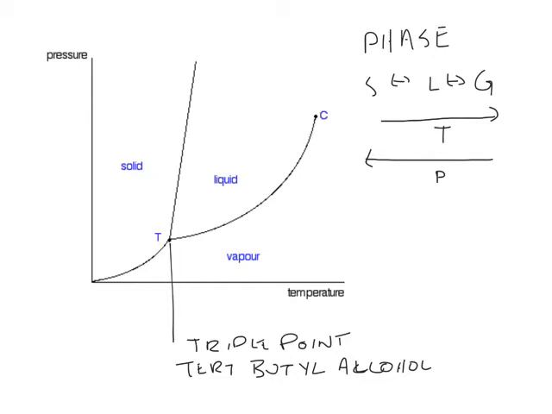The other point that I need to point out is this, and this is called the critical point. And it is there because at very high temperatures and very high pressures, you can no longer distinguish between liquids and gases.